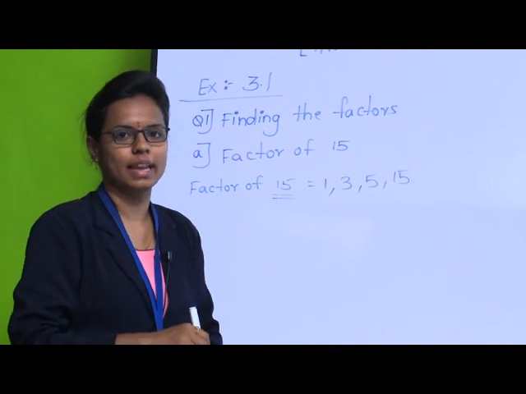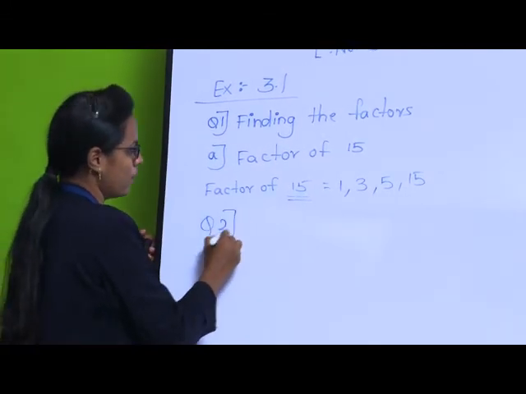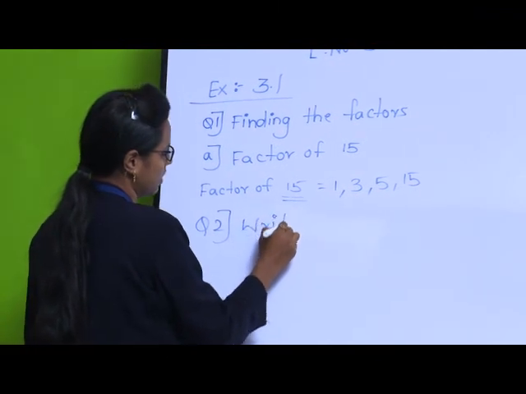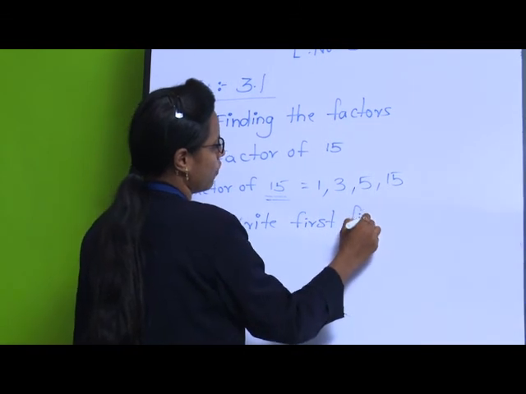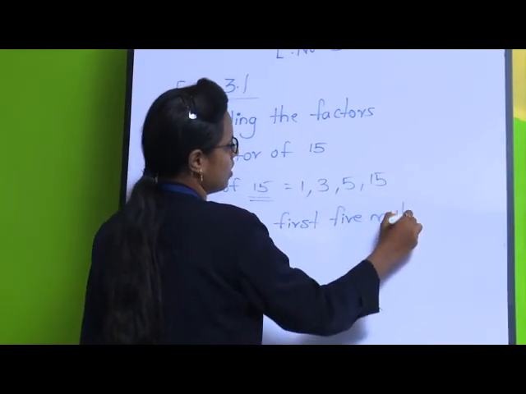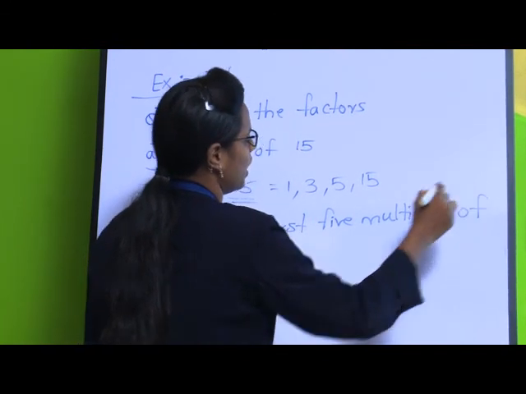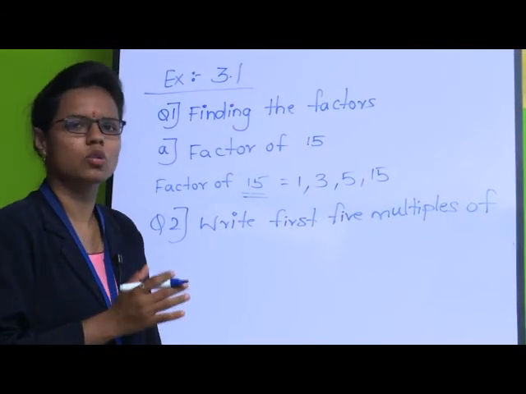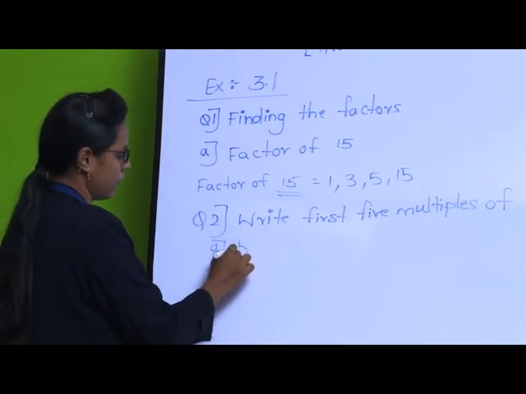Let us solve the next question, question number 2. Write the first 5 multiples of the following. We have to write the first 5 multiples of the given number. The first number is 5.